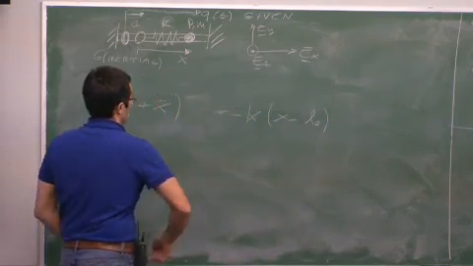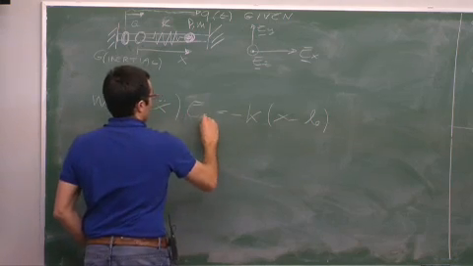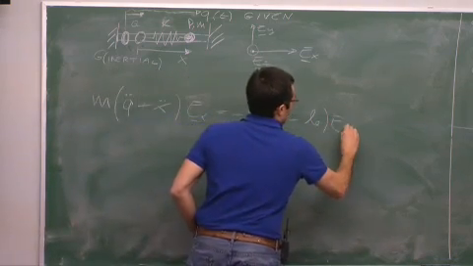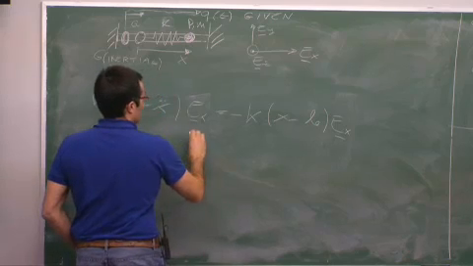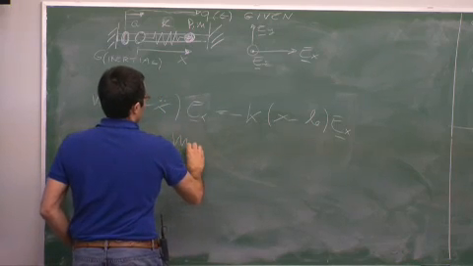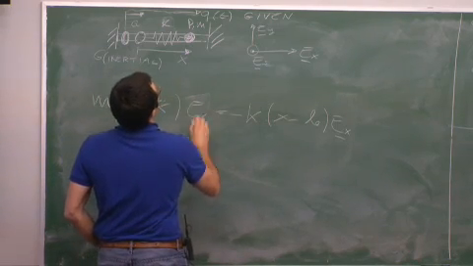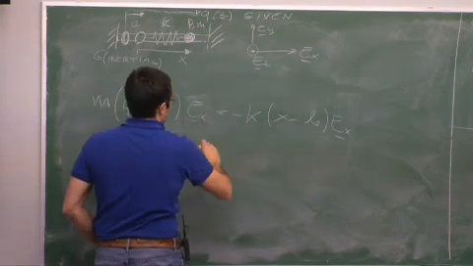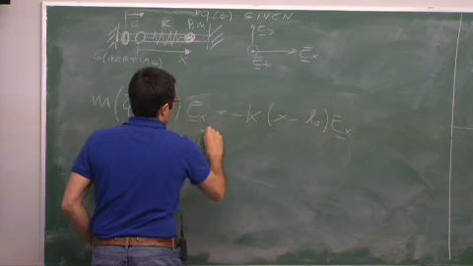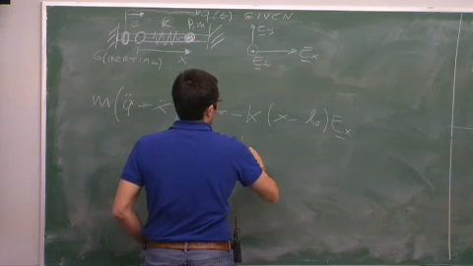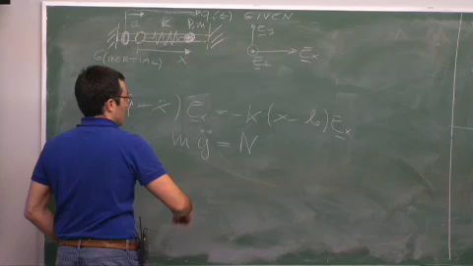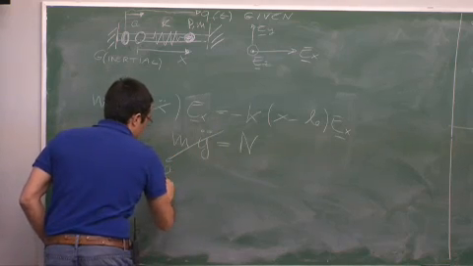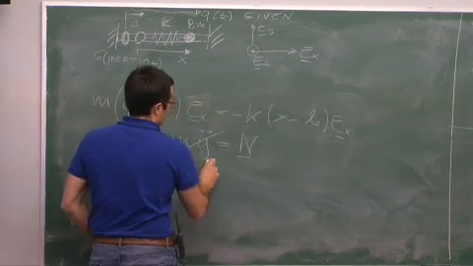Or if you want, I'm going to put it back here. This is one, and then the other one would be the following. m, what did I call? I didn't define a variable in the y direction, but let's say that I actually have done that. You would have m y double dot equal to the normal force that I had in my free body diagram, but I know that this is 0 at all times, right?